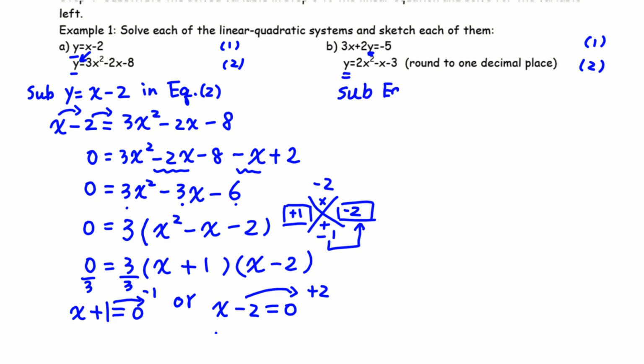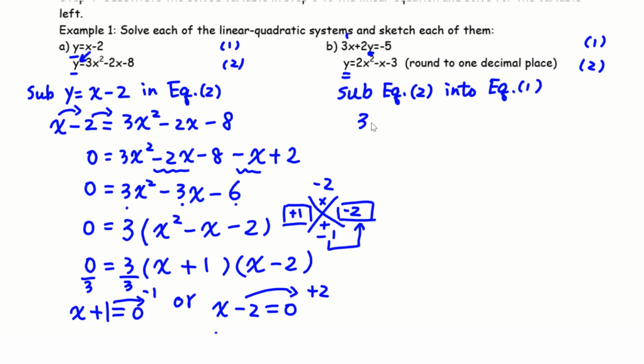And if none of the variables is isolated, we are going to solve it using a linear equation to solve for x or y, or pick the one where the number at front is 1, then we use that one to isolate the variable. So this one, sub equation 2 into equation 1.